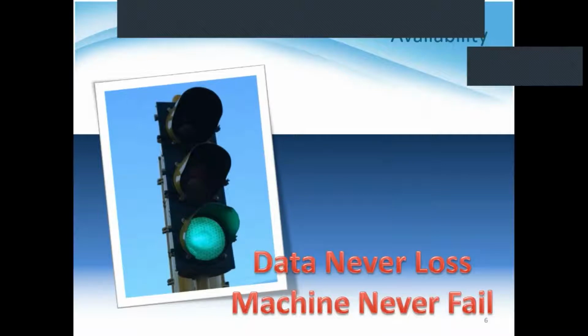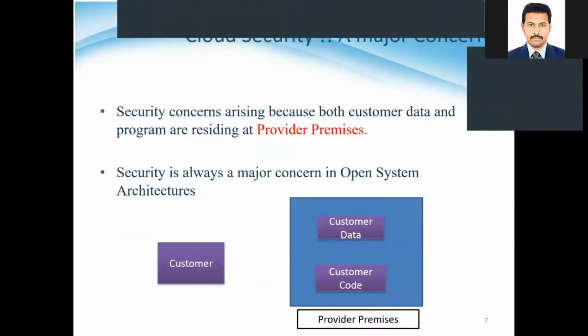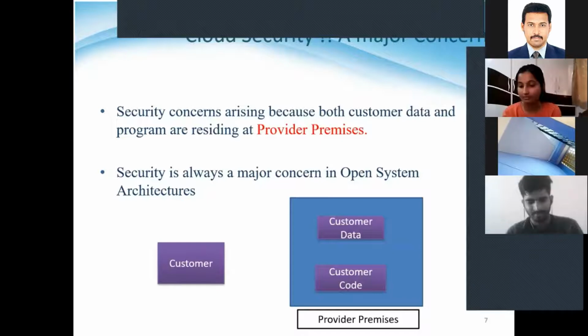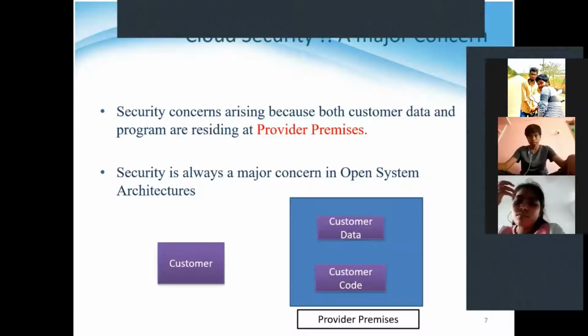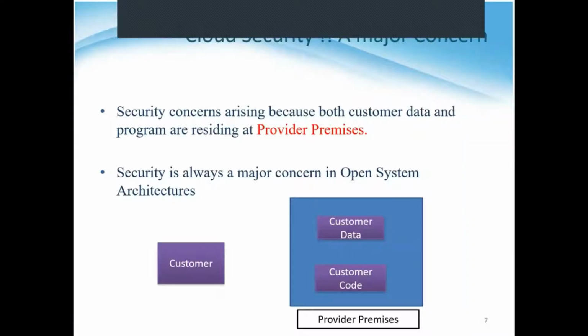Okay. So that's why we are going for the next concept, that is called cloud security, a major concern. Okay. So what are the concerns that are there? So how to manage the cloud security based upon the options, based upon the service provider premises, how he is giving the connection to the end user.